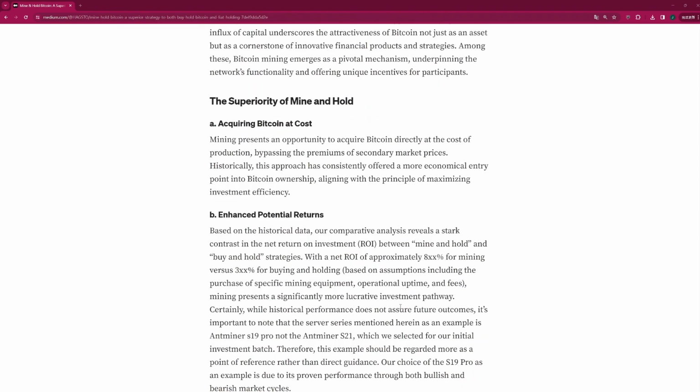Later on, we showcase some advantages of mine and hold your Bitcoin compared to buy and hold your Bitcoin. The most obvious advantage is to acquire the Bitcoin at cost. Mine the Bitcoin, you are getting the Bitcoin at cost. It varies, depending on where you mine the Bitcoin.